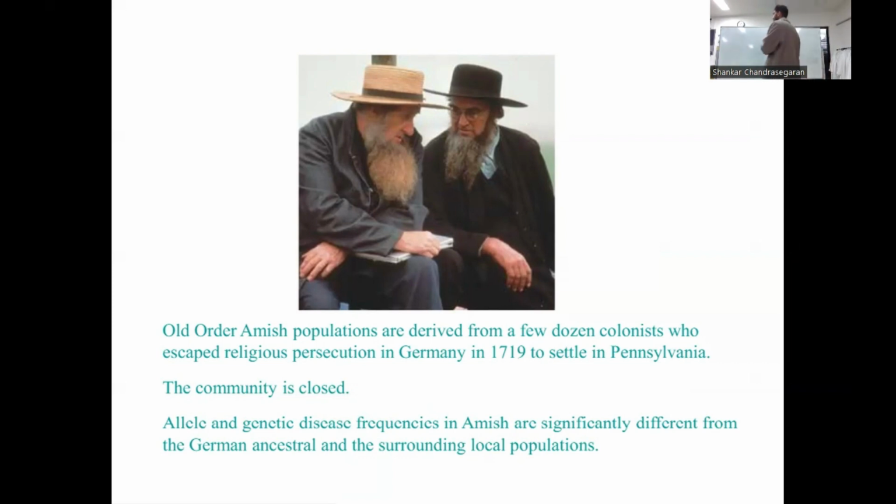They're not allowing themselves to migrate or immigrate. They're not really experiencing any changes to their allele frequencies. It's staying pretty consistent. So what happens? Alleles and genetic disease frequencies in Amish are significantly different from the German ancestral and surrounding local populations.